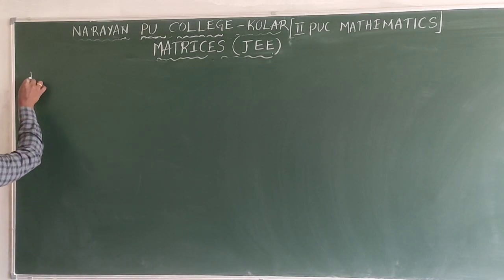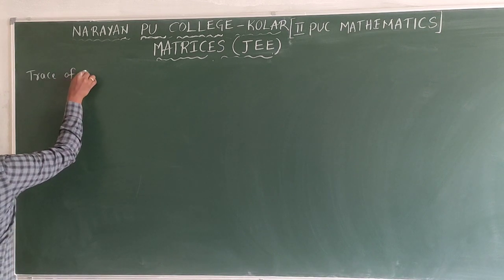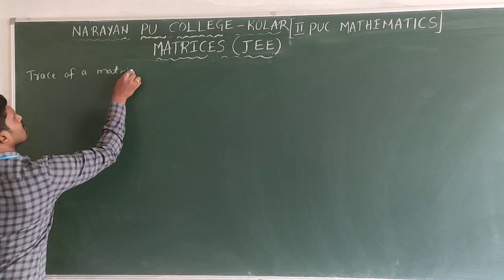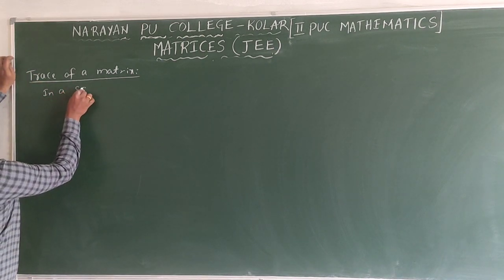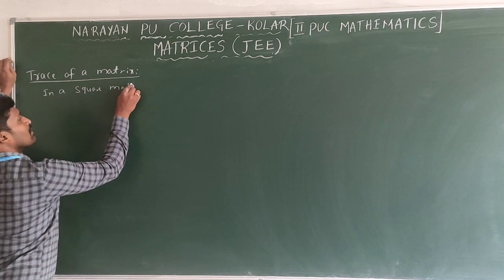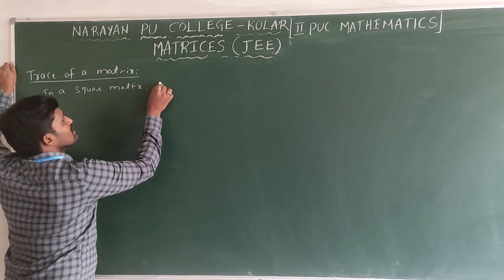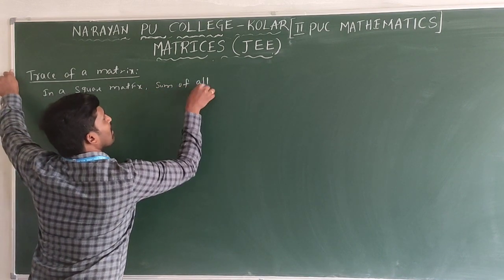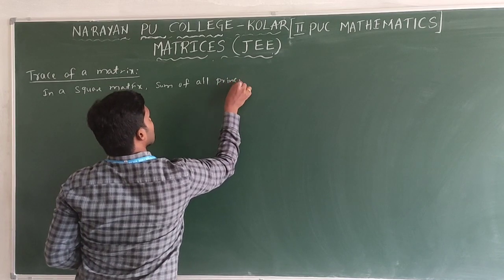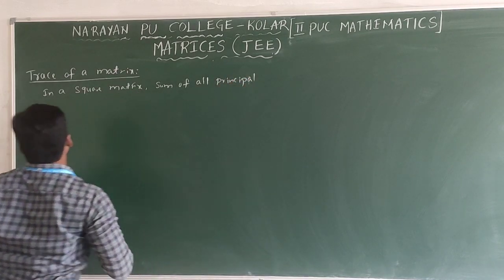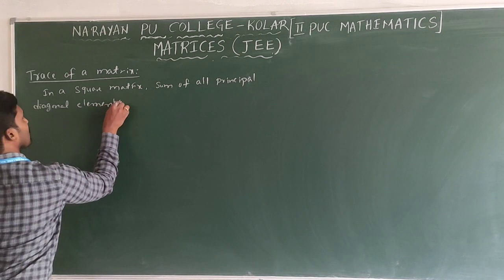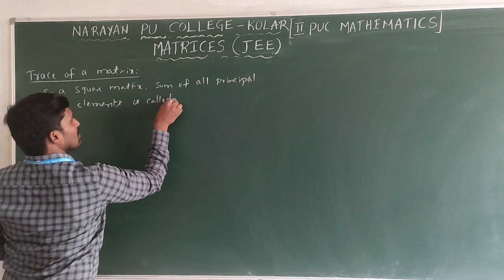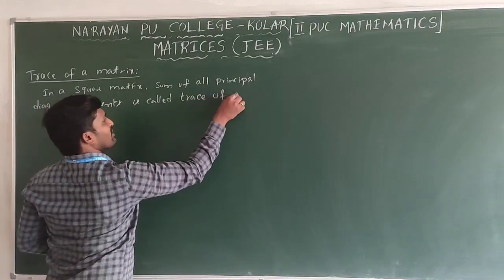Okay, next topic. Trace of a matrix. In a square matrix, the sum of all principal diagonal elements is called the trace of a matrix.